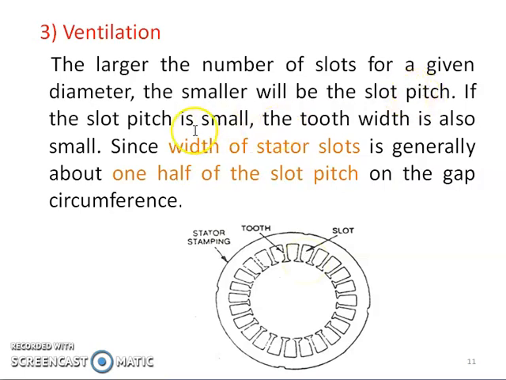Once slot pitch decreases, that will reduce tooth width. There is one general rule: the width of the stator slot is about 1/2 of the slot pitch on the gap circumference. So the designer must take this into consideration while choosing a large number of slots, by seeing the limitation of slot pitch.